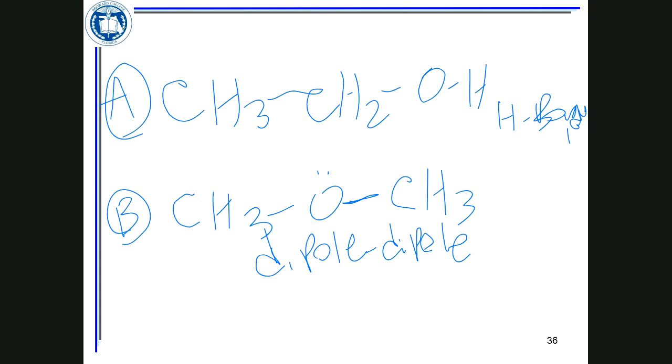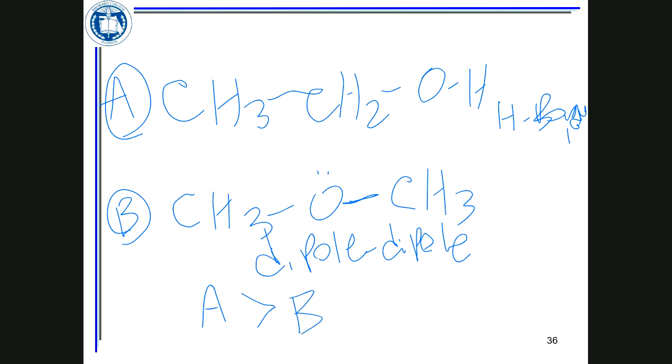So molar mass is the same for both, like 46. So in terms of London dispersion, it is almost the same, but you have H bonding versus dipole-dipole. Because H bonding is stronger, A is going to have higher boiling point compared to B.